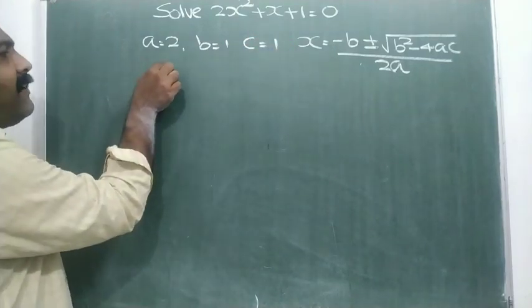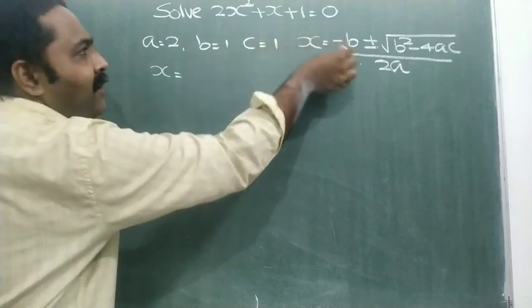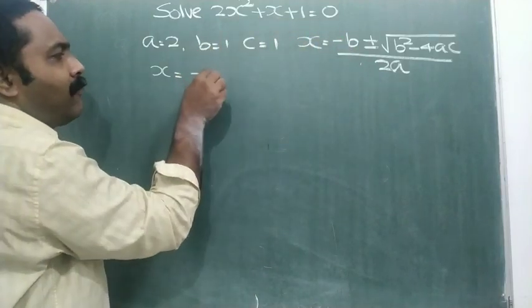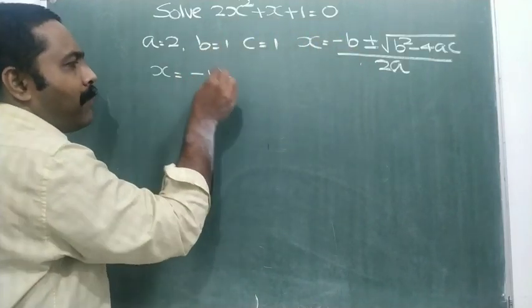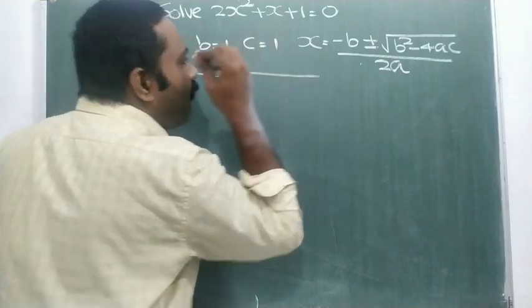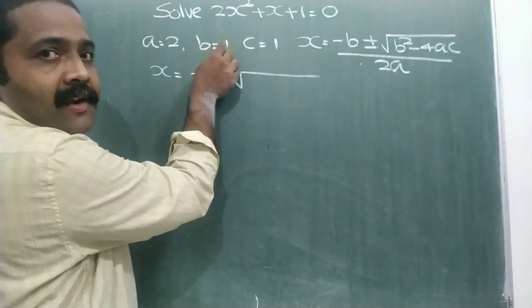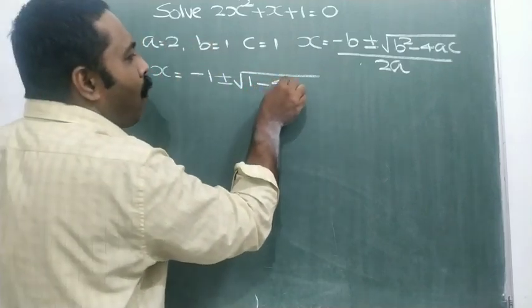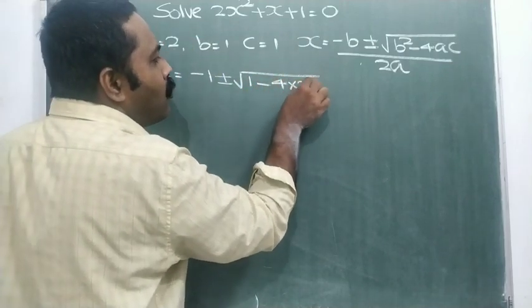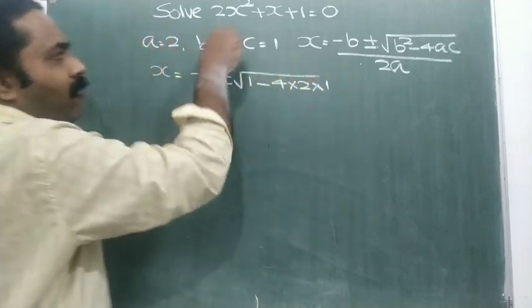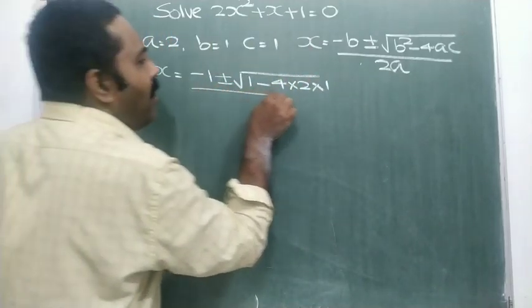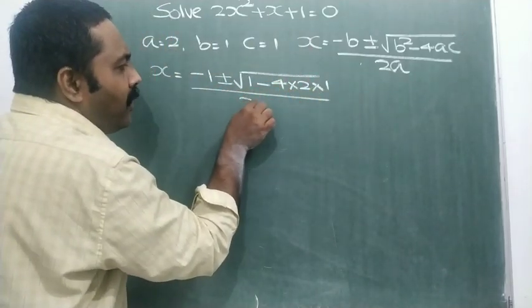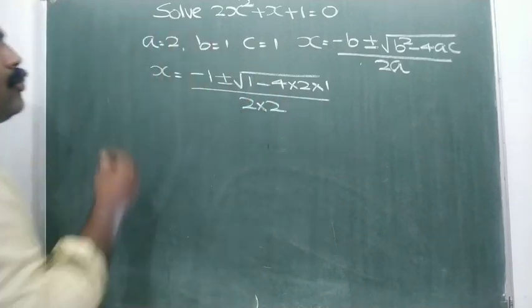Then x is equal to minus b, minus 1, plus or minus root of, what is b square? 1 square is 1, minus 4ac, 4 into 2 into 1, whole divided by 2a, which is 2 into 2.